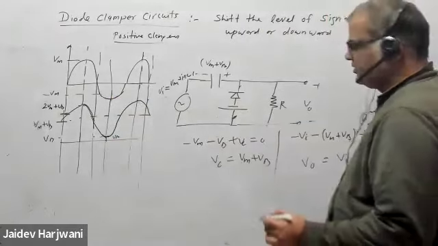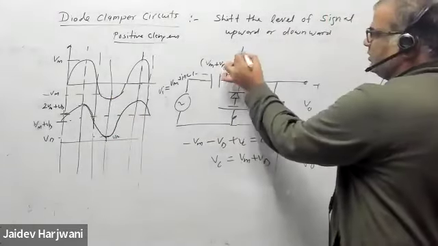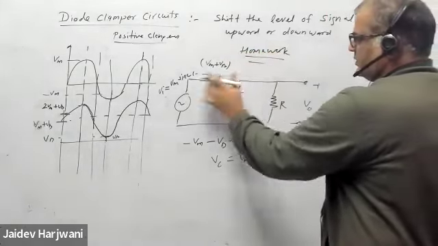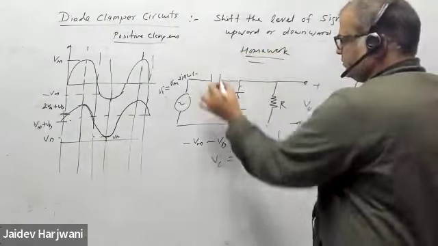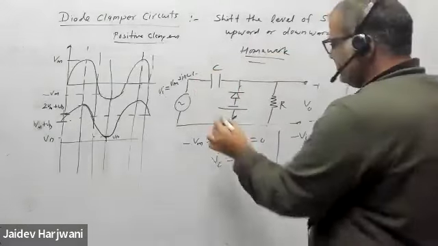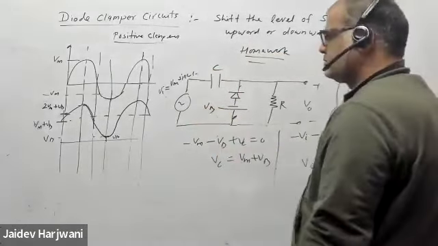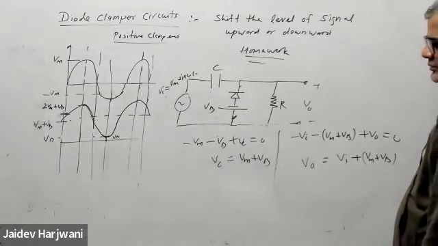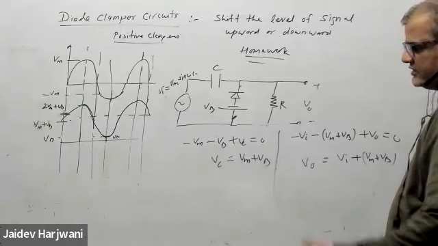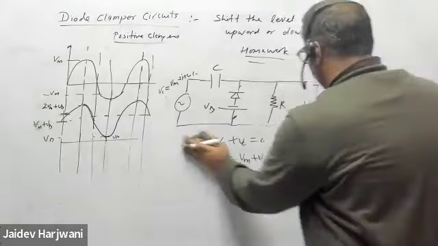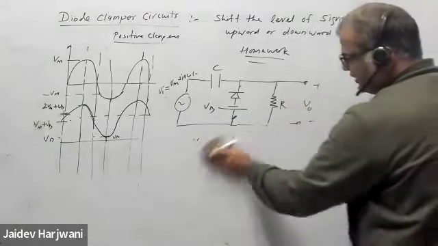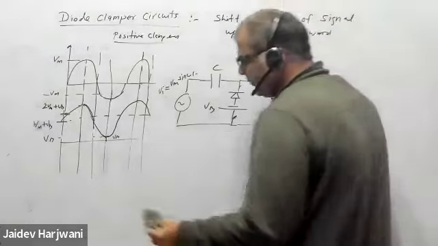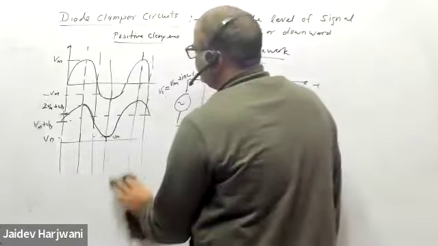This circuit is your homework, and you have to plot it and send it to me. You only decide how much it will shift. So how many circuits have we done? We have done 6 circuits. Only these 6 come in the exam. It's easy to remember also.